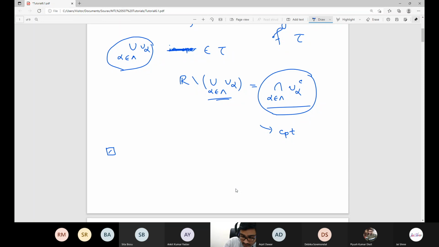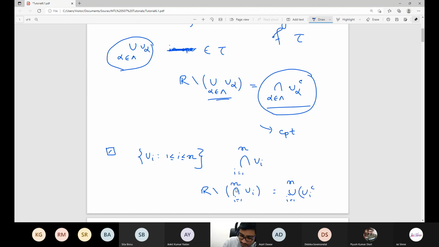Take U i, 1 less than or equal to i less than or equal to n, be a finite collection. You consider the intersection of U i, and take R minus this intersection, which is the union of 1 to n of U i complement. Then a finite union of compact sets is compact.